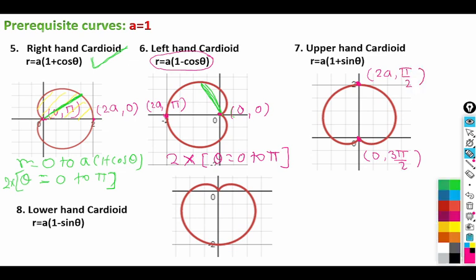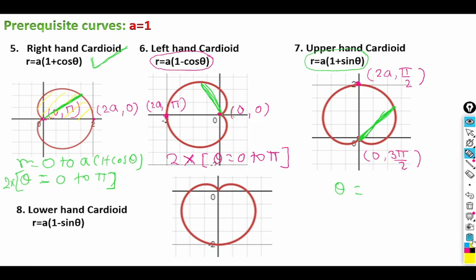Take a strip here. The position of the strip is along the radial side. It is just like the hand of a clock, and we are rotating it. r will vary from 0 to the equation of the curve only. But theta will not vary from 0 to pi by 2 or that way.